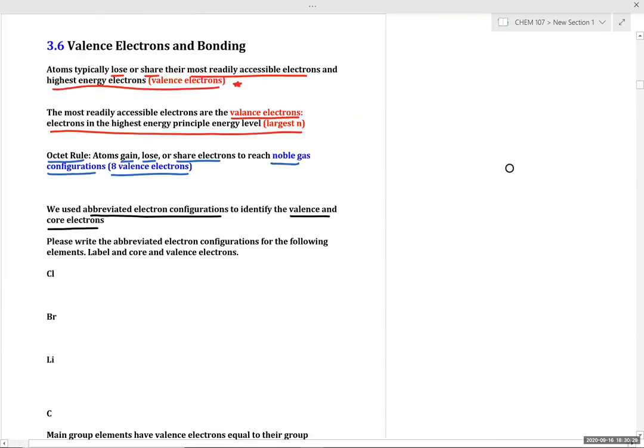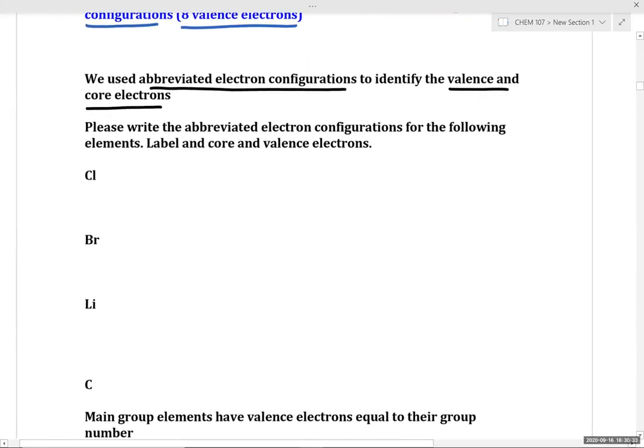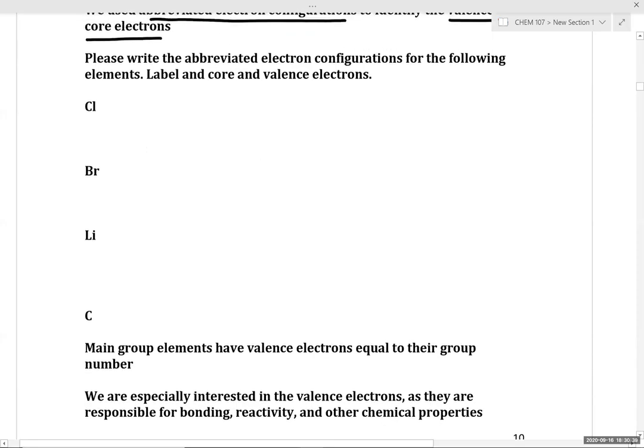So if we look at the abbreviated electron configurations for different elements, we can begin to notice a really important trend. So let's just review this. So chlorine would have an abbreviated electron configuration of argon 4s.